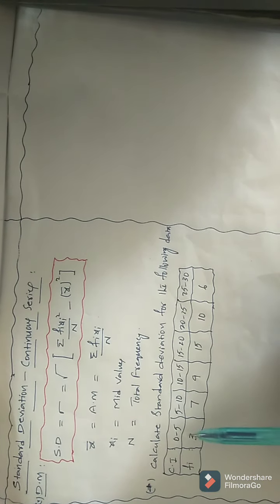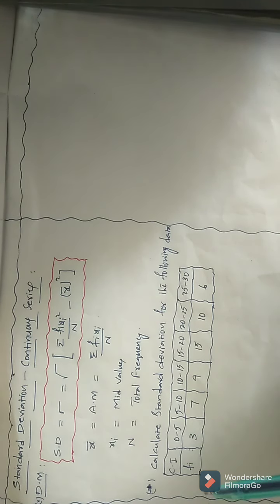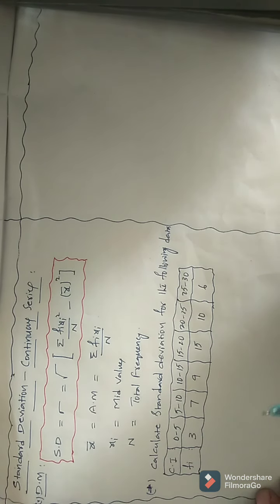You know how to do that: take the difference between the higher limit and lower limit, divide by 2, subtract that from the lower limit and add it to the higher limit. We did that in the calculation of the arithmetic mean problem. That's why carefully observing the data is very, very important. You should not start a problem blindly.